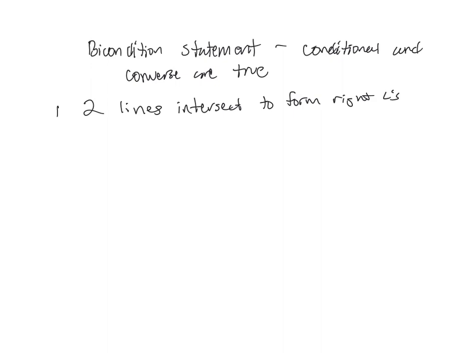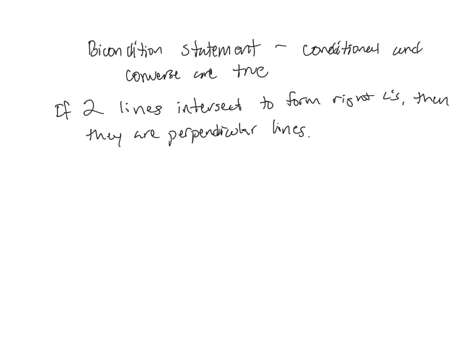Now let's just start it with if. If 2 lines intersect to form right angles, then they are perpendicular lines.